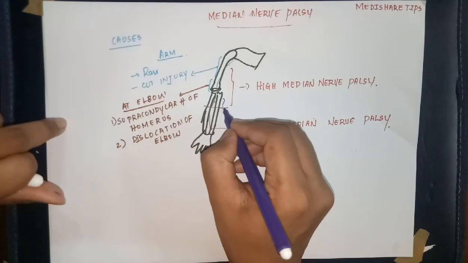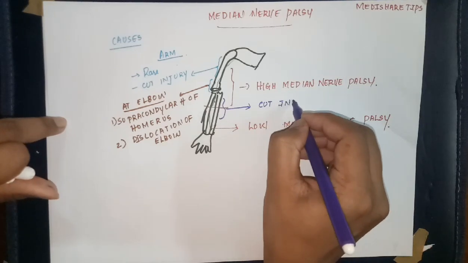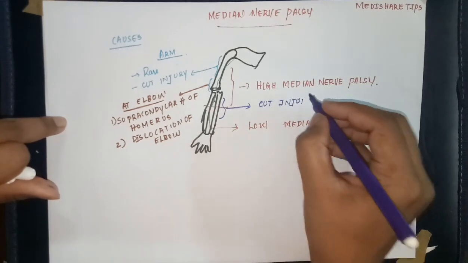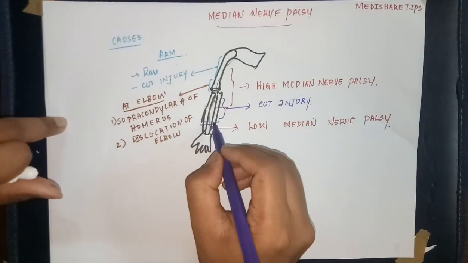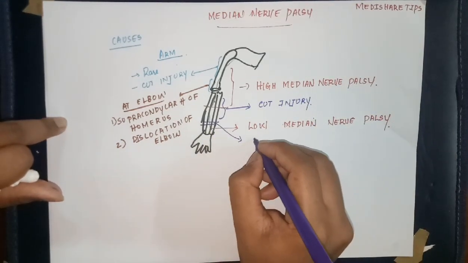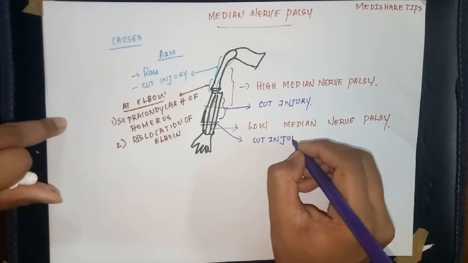In the forearm, the cause can be due to a cut injury. At the wrist, it can be due to a cut injury with a glass piece or a knife.